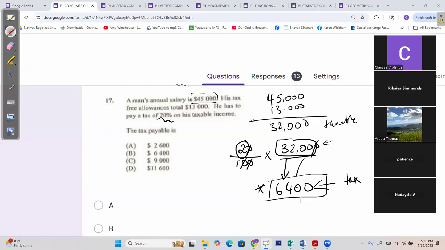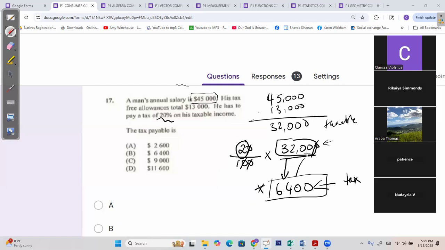So what is the actual full salary? The $32,000 is not the money he's getting, $32,000 is just the money he's getting taxed on. Everybody see the difference? So this money is going to come out of what? It's going to come out of the 45,000 because remember the $45,000 is his pay. Tell me if you got it. If you got it, and if you don't got it, tell me no. And I hope you see the difference.